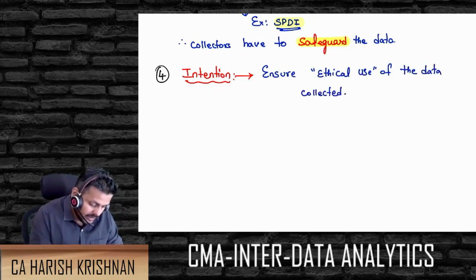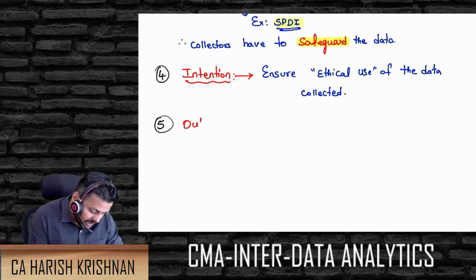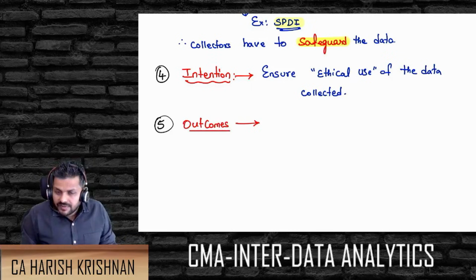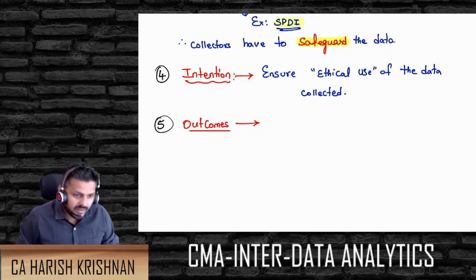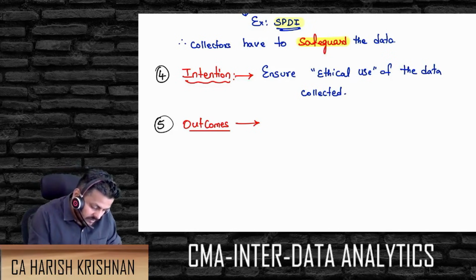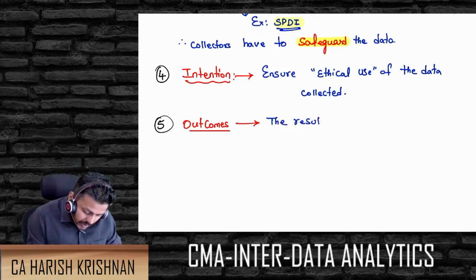And lastly, point number 5, which talks about the outcomes. What are you doing with that? Sometimes if the analysis is biased, it can result in harm.